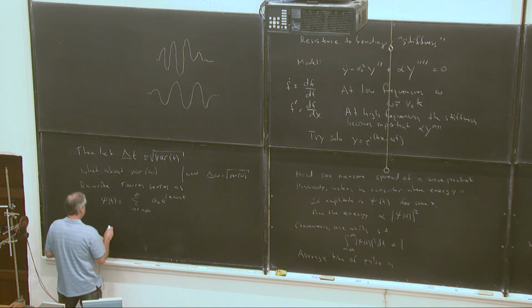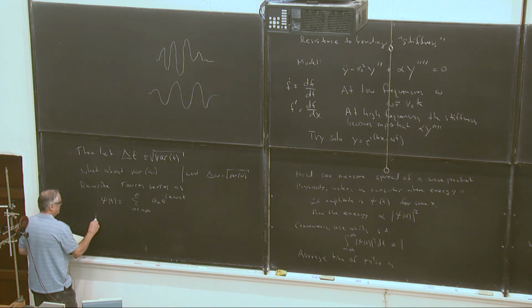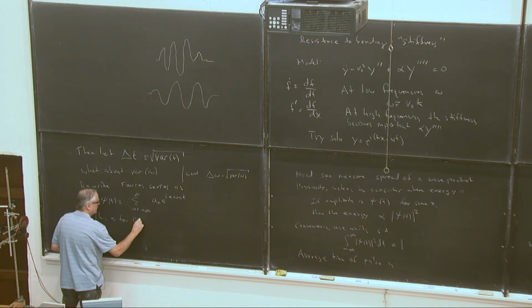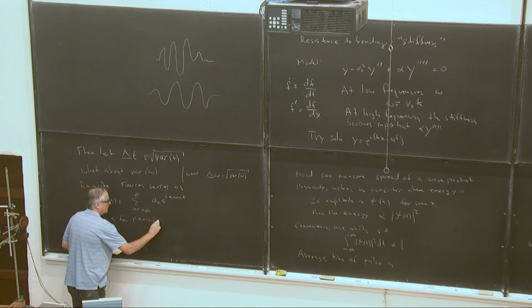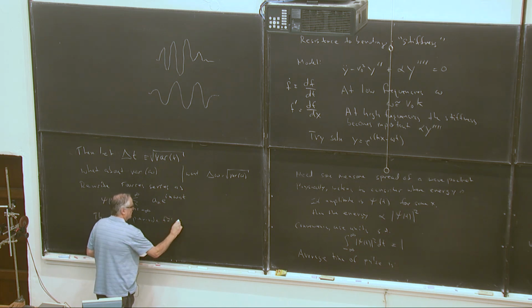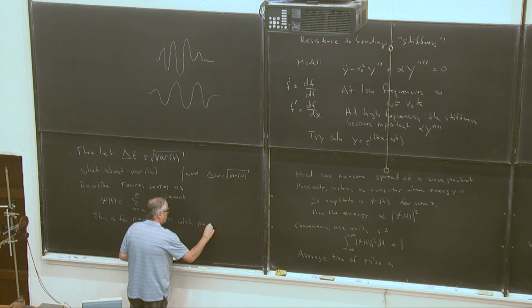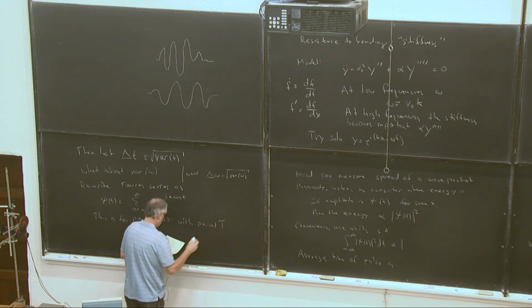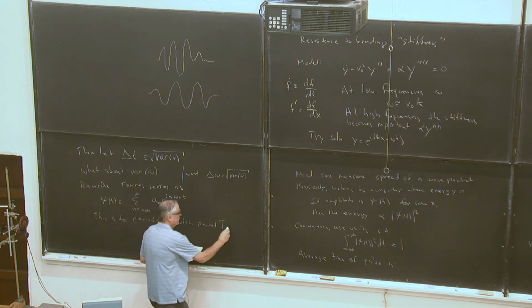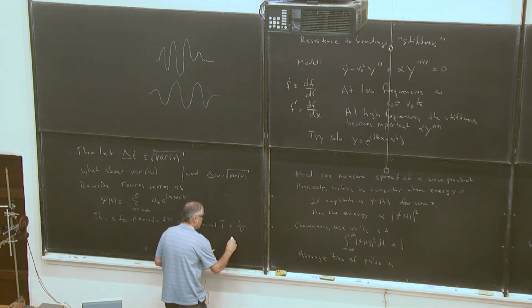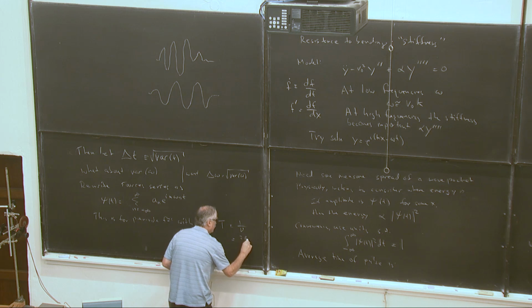So this expansion is for periodic functions, with period, we'll call the period t. And what's t? Well, t is 1 over the frequency in cycles per second, but that's just 2 pi over omega naught.